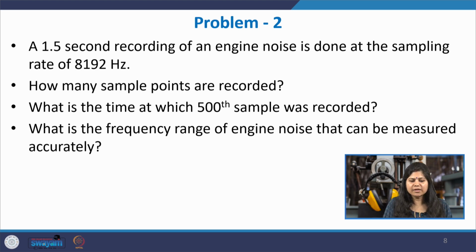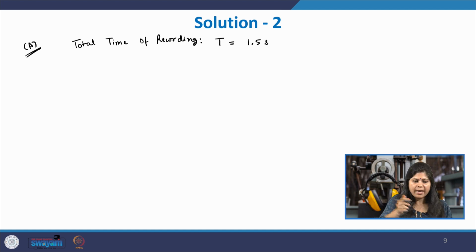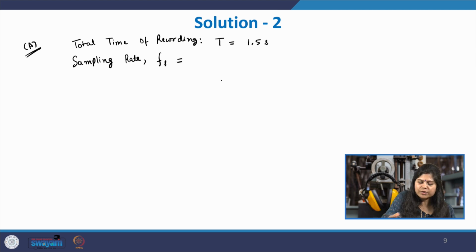So, here we are given that the total time of recording T is 1.5 seconds, okay, and the sampling rate Fs is given by, so we know that the sampling rate is inversely proportional to the sampling increment or the time interval between any two samples.